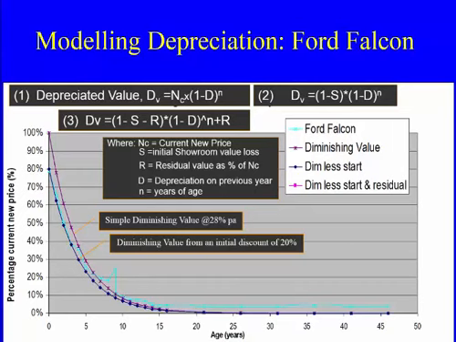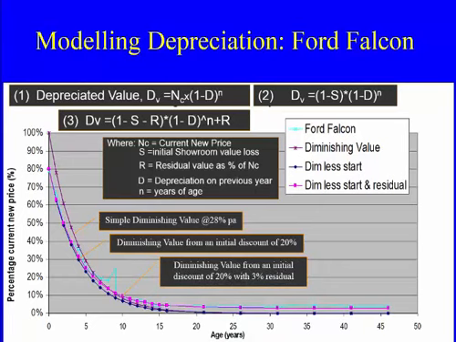To accommodate the fact that as long as you have a Ford Falcon that is perhaps registerable, it will have some kind of base value, we're going to add a residual value component. And again, we're doing that as a percentage of the current new price, in this case about 3%.